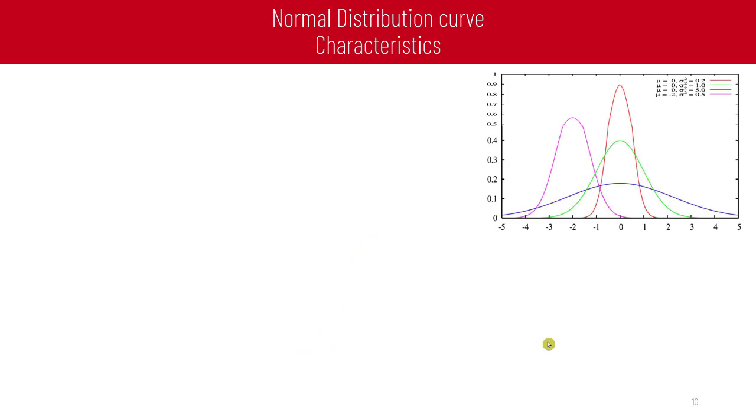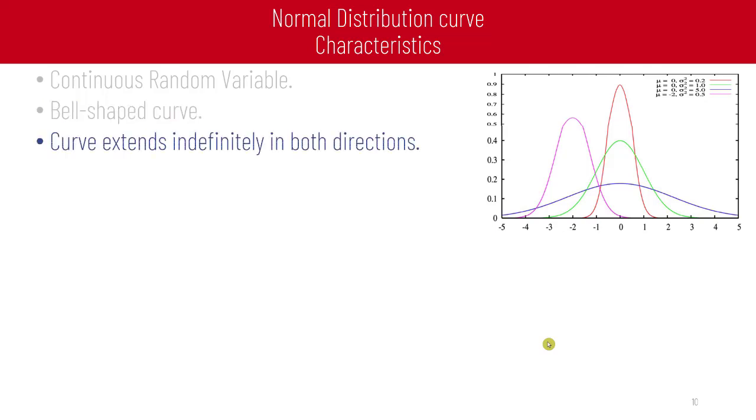Normal distribution curve characteristics include a continuous random variable. That means it deals with continuous variables. Bell-shaped curve. This is one of the characteristics that signifies the normal curve, which is in the shape of a bell. The curve extends indefinitely in both directions, right and left.